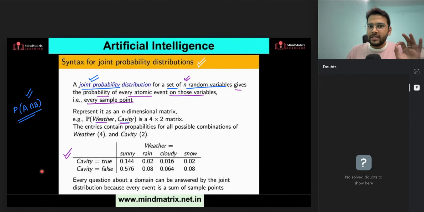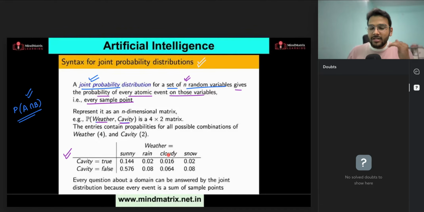Is this clear? Similarly, if I say, what is the probability of weather being sunny and cavity is false, then you will say it is simply 0.576, right? So joint probability distribution is very powerful. It can answer anything. You just need the complete distribution.